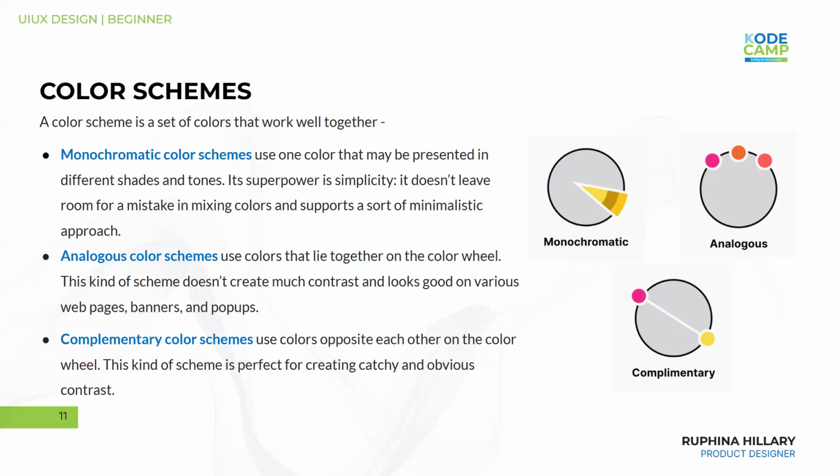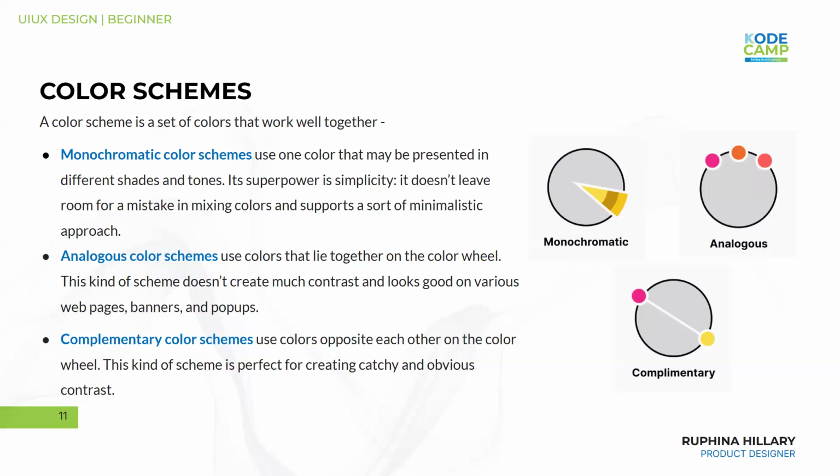So the monochromatic color scheme is very simple, and because of its simplicity, it's also minimalistic. So there's no room for a lot of mistakes in using this color scheme. So depending on the application you're creating and the color scheme you think would be best for it, if you want something simple, something very minimalistic, then go for the monochromatic color scheme.